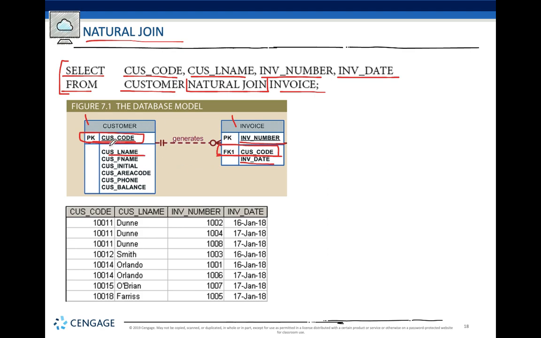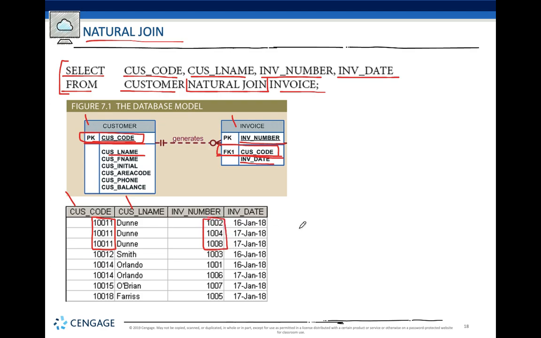So we get customer code, customer last name. Then it matches for each customer in the customer table. It matches the customer code in the invoice table and pulls all the invoices for that customer code. So customer code 10,011, for example, has 3 invoices, right? 1,002, 4, and 8.